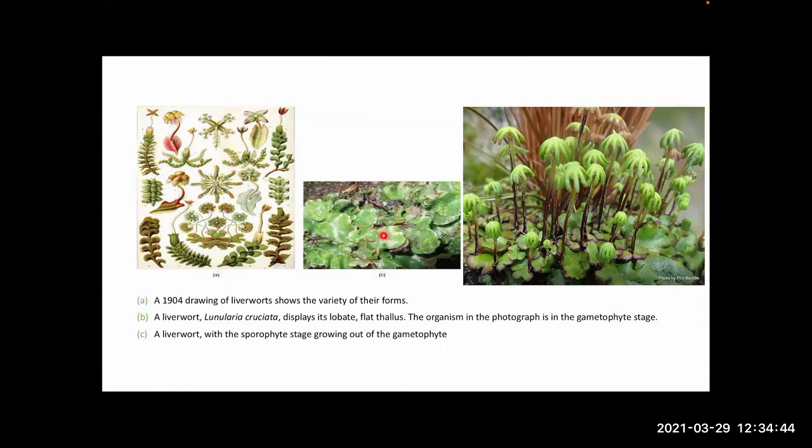Out of those leafy structures, you have the sporophyte stage growing. This structure here is the sporophyte stage, the diploid stage, whereas these leafy thallus structures are the gametophyte stage. These sporophytes are dependent on those leafy structures, the gametophyte, to grow. So we say that these are gametophyte dependent structures.